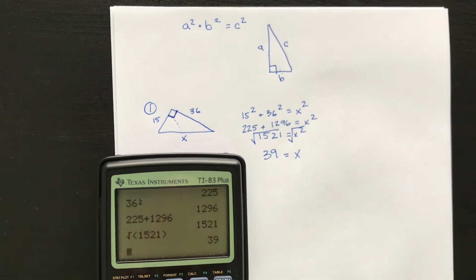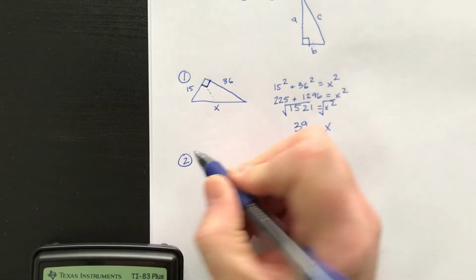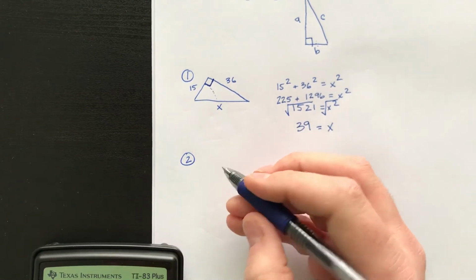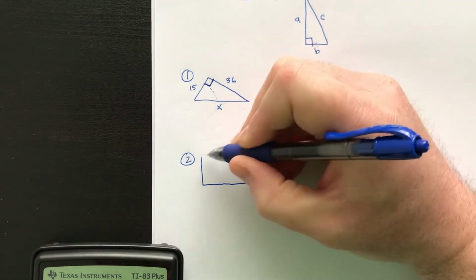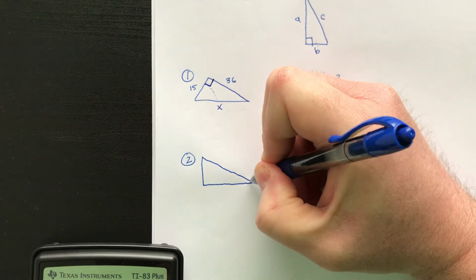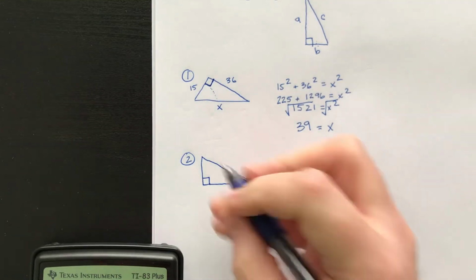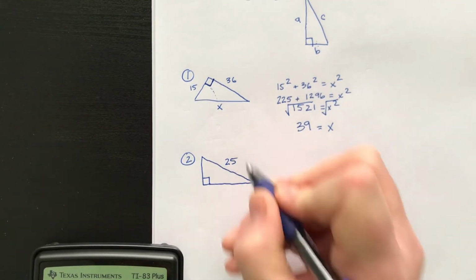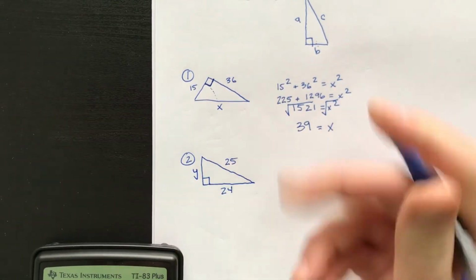Now, let's do another problem, number 2. They give us another right triangle. This is 25. This is 24. This is y.